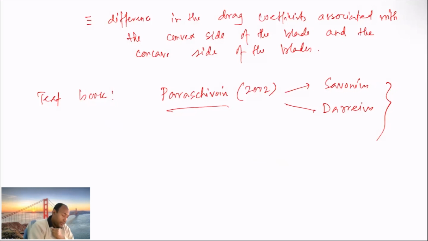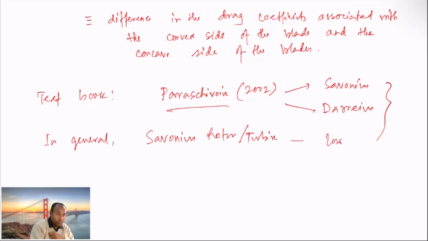So in general, what happens is that Savonius rotors or turbines have low efficiencies.